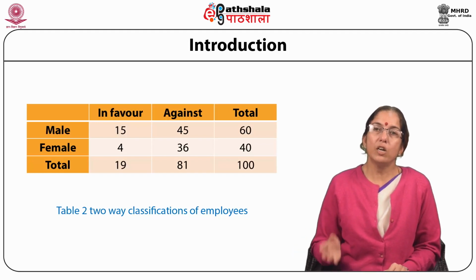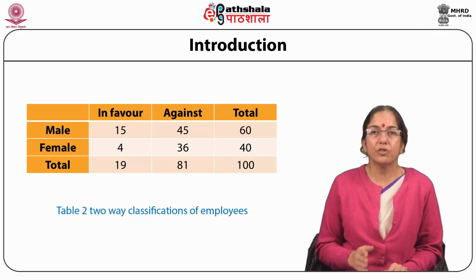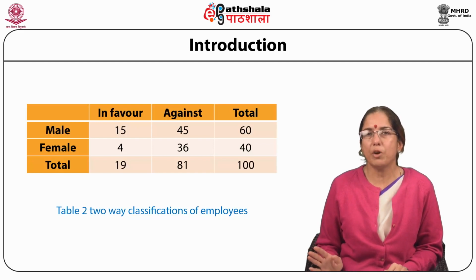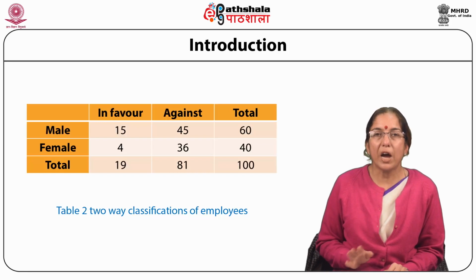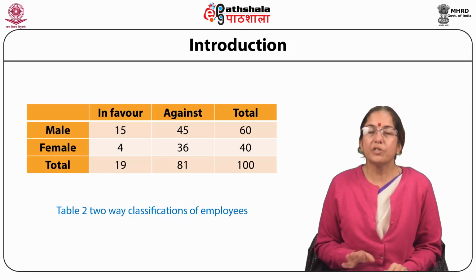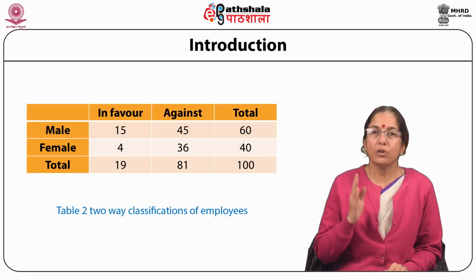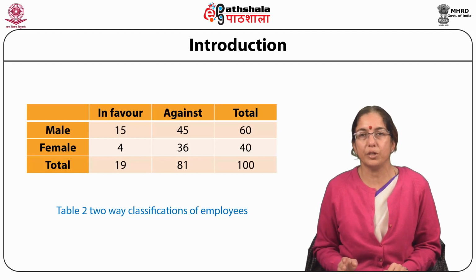The probability of each of these 4 characteristic events is called marginal probability or simple probability. These probabilities are called marginal probabilities because they are calculated by dividing the corresponding row margins, totals for the rows, or column margins, totals for the columns, by the grand total.